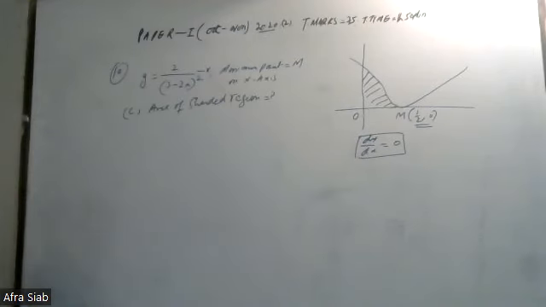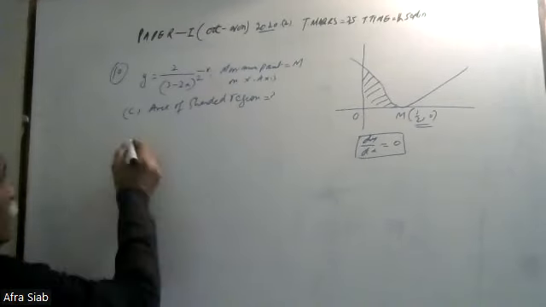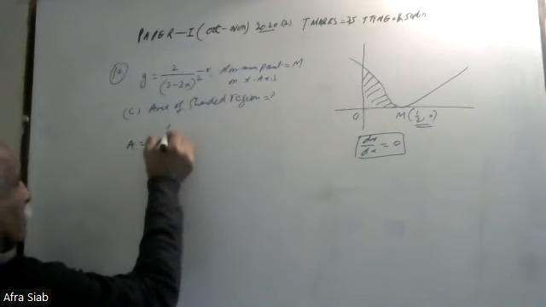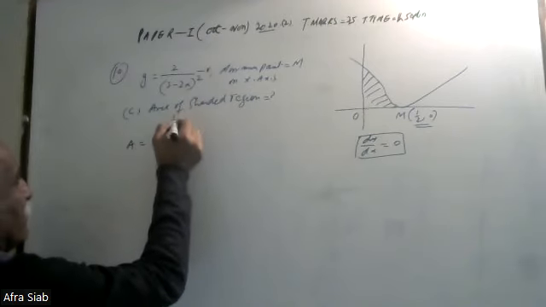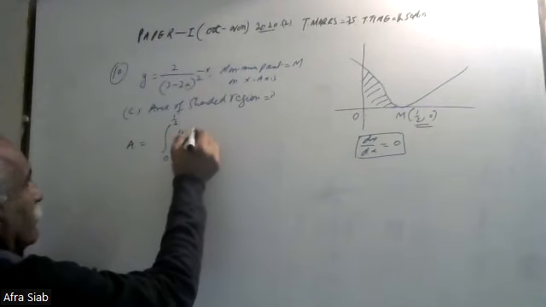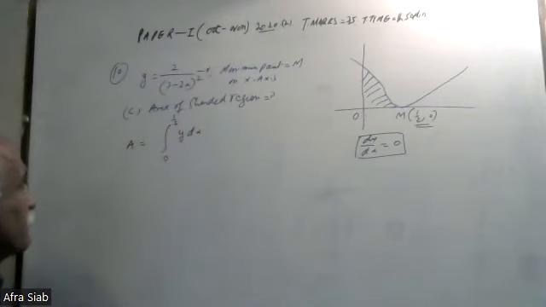Part C: find the area of the shaded region which we have shown there. So 0 according to the x-axis. Now we know that the area is equal to the integral from 0 to 1/2 of y dx, which is the integral from 0 to 1/2 of 2 into (3 − 2x) to the power −2 minus x, dx.